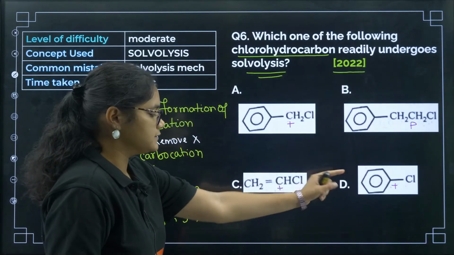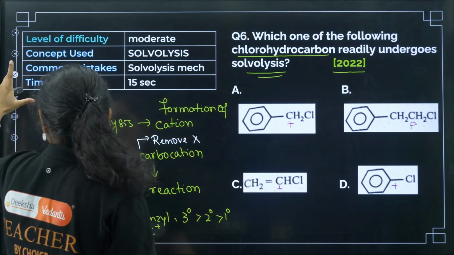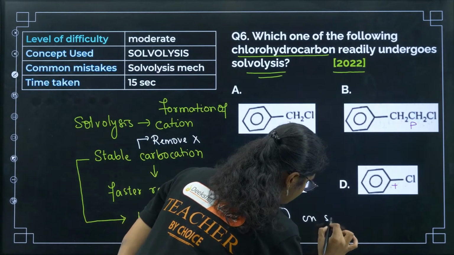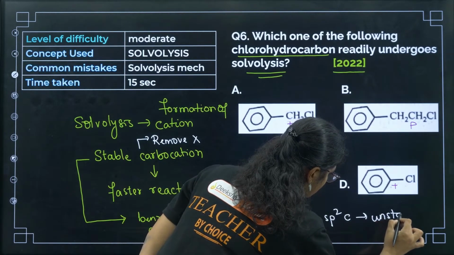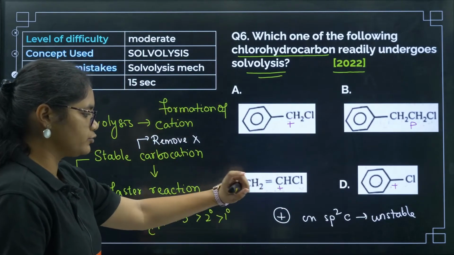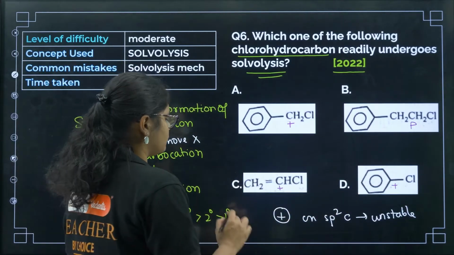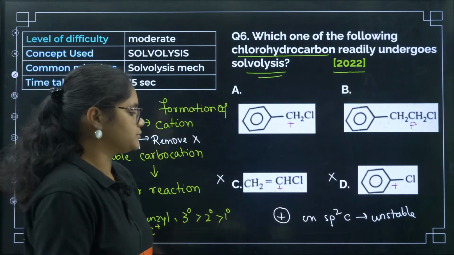Now carbocations on the sp2 carbons are highly unstable, okay? So what I am saying here, carbocation on sp2 carbon are unstable, right? So here you can see we are getting carbocation on the sp2 carbon, here also we are getting the carbocation on the sp2 carbon. So both these options are not correct. These both the options are incorrect.